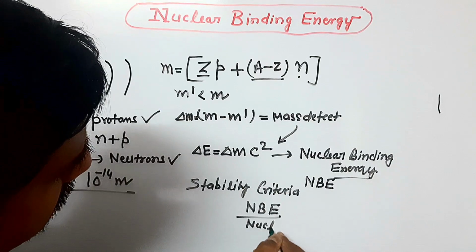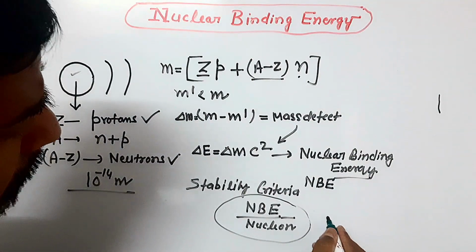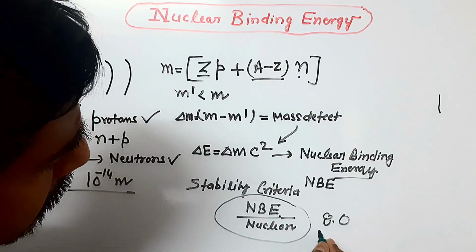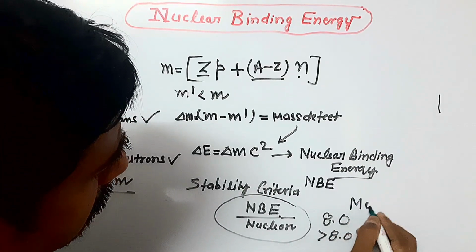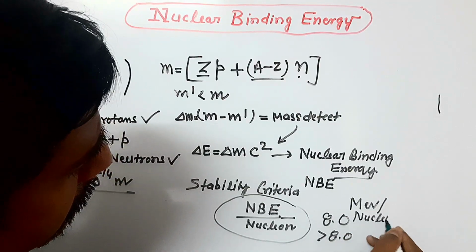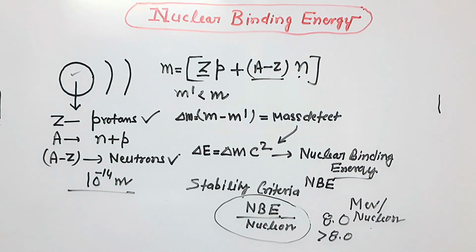This is the concept. If this value comes around 8 or greater than 8 MeV per nucleon, then your nucleus is considered to be stable.